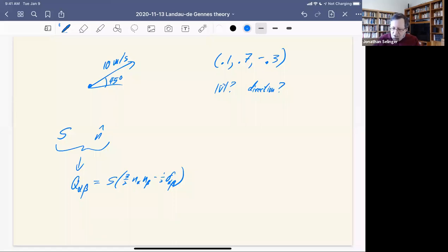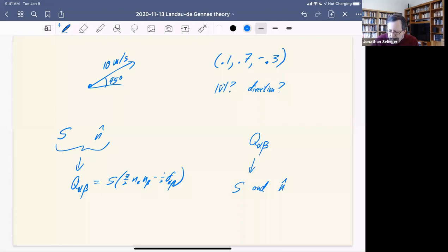And vice versa, you could have a problem where I give you the nine components of the Q tensor, and you have to figure out S and N. You would do that by calculating the eigenvalues and eigenvectors of the Q tensor.